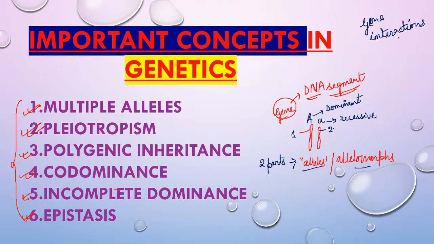Now guys, gene interactions are of two main types. One is intergenic, and another is intragenic.